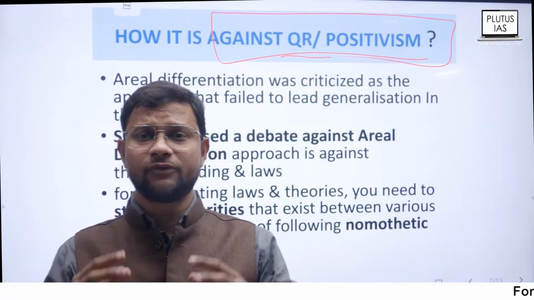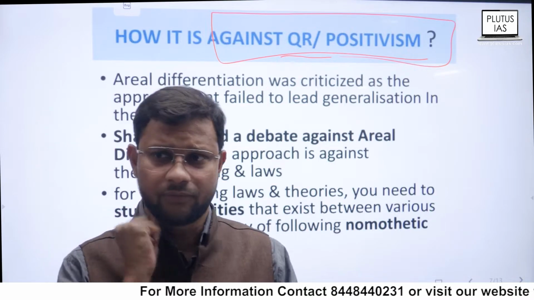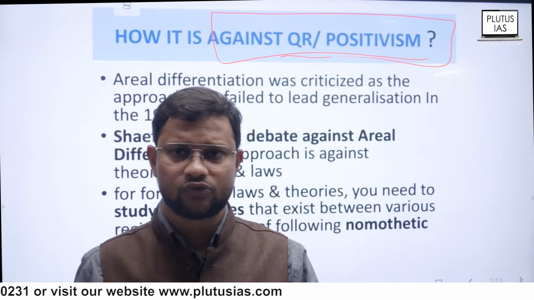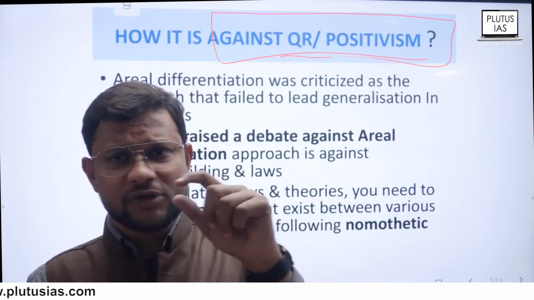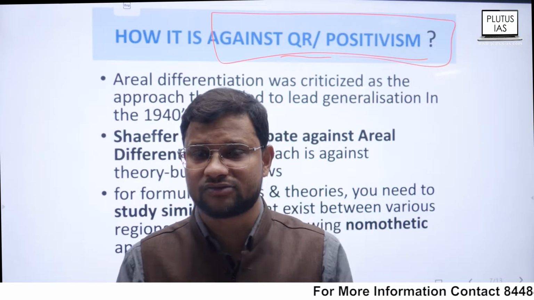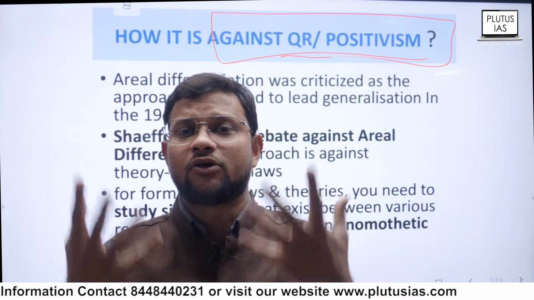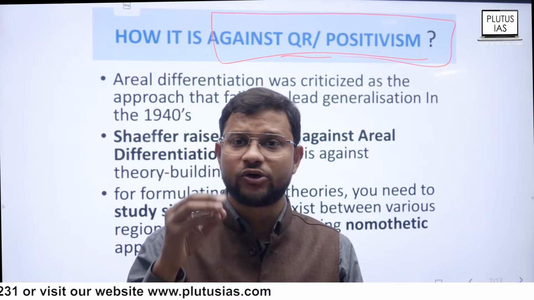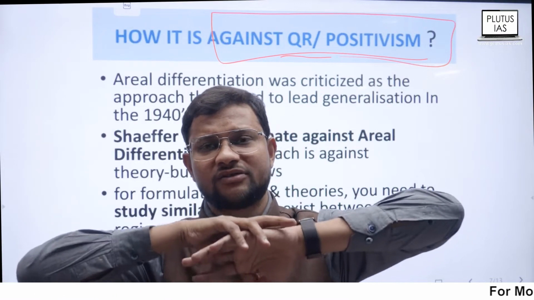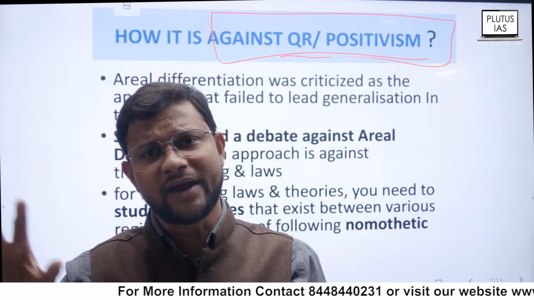Now see, the quantitative revolution started somehow in the 40s, and the strong proponent was Schaefer. This approach believes in generalization to find similarities, because generalizing anything means you find similarities in it, and then a general thumb rule is formed. Yes, the Himalayas is basically a young fold mountain, meaning each part of the Himalaya has a fold nature.